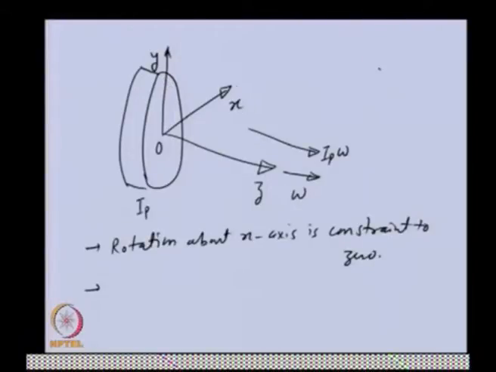We are applying a moment in the positive x direction, M x, for a small time duration, let us say delta t. Because of this moment applied for the small duration delta t, there will be a change in the angular momentum.